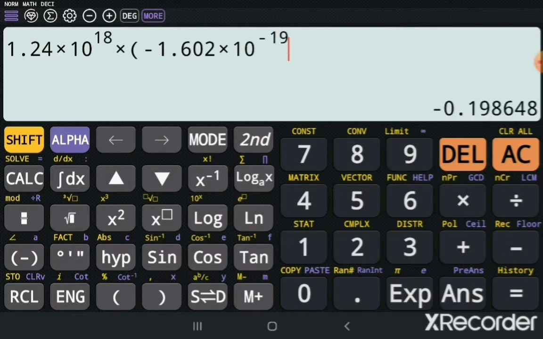Okay. What is your answer? It is equal to negative 0.198648 coulombs.